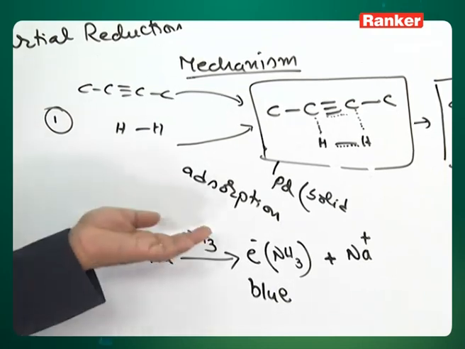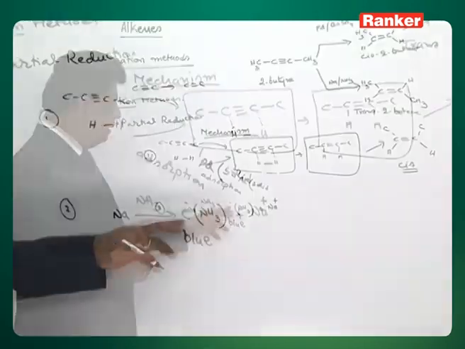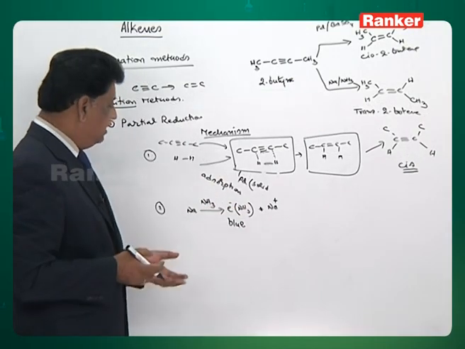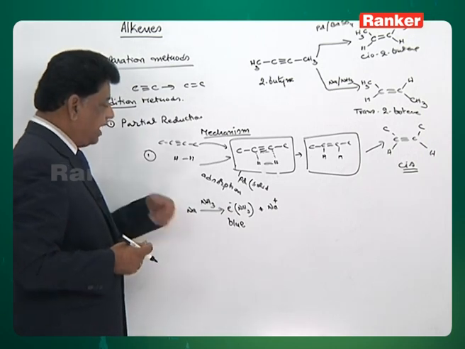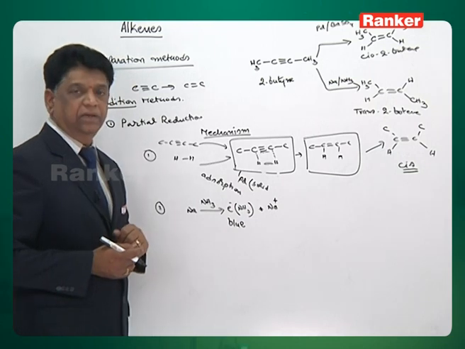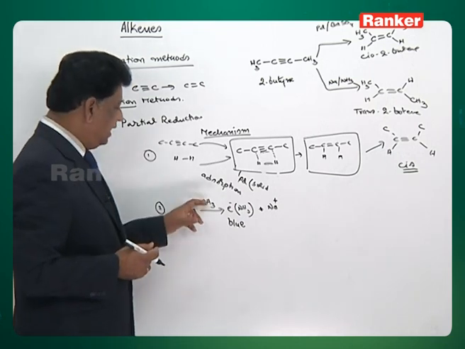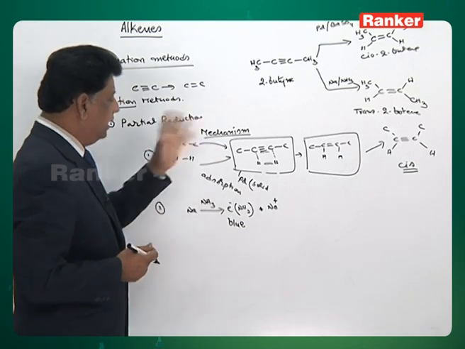That is why, in the presence of ammonia, it is possible to lose the electron, and the solvent encircles it and makes solvated electrons. If time is given, what happens? Ammonia gives a proton, and that proton takes the electron. But before that happens, you immediately add the alkyne.